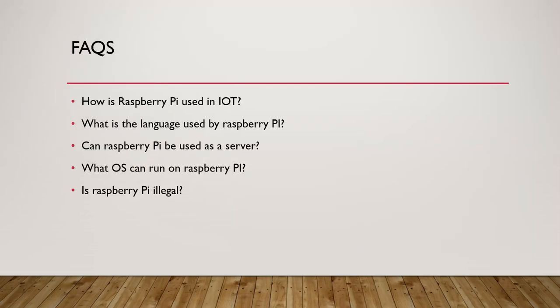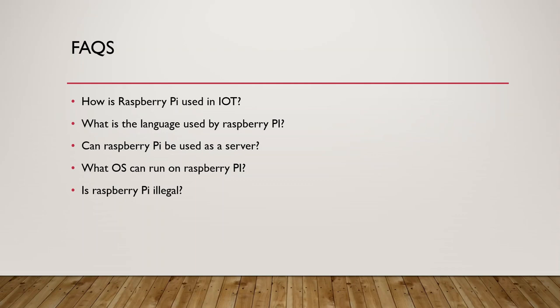Here are some frequently asked questions on Raspberry Pi. So the first one is, how is Raspberry Pi used in IoT? The answer is, it provides a platform to develop many IoT projects at a very low cost and high portability.